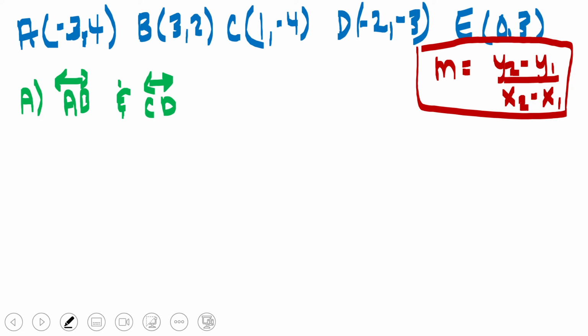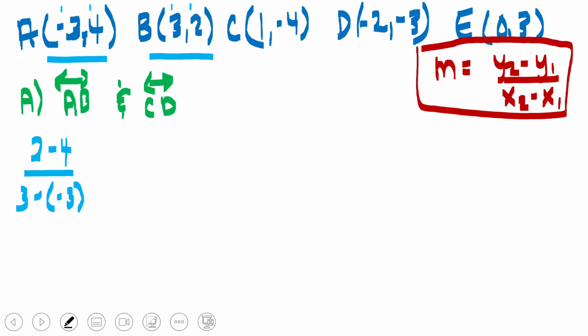Let's check it out. So we're going to work with A and B. Okay, so we need y2 minus y1. Here's y2 minus y1, 2 minus 4. Now we need x2 minus x1, 3 minus a negative 3. Put that negative 3 in parentheses to differentiate it from the subtraction in the middle.